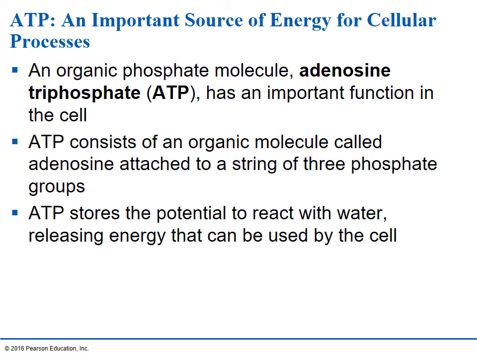The tri means 3, and the P being a phosphate, you know what a phosphate group is. It's the phosphate surrounded by the 3 oxygens. That is what ATP is. So you'll notice that the names give a general description of what the molecule will be composed of.